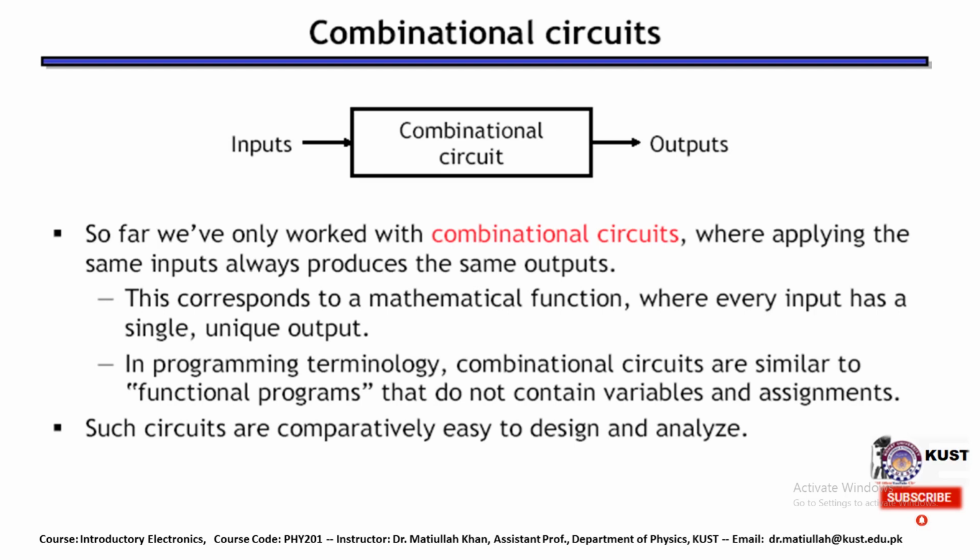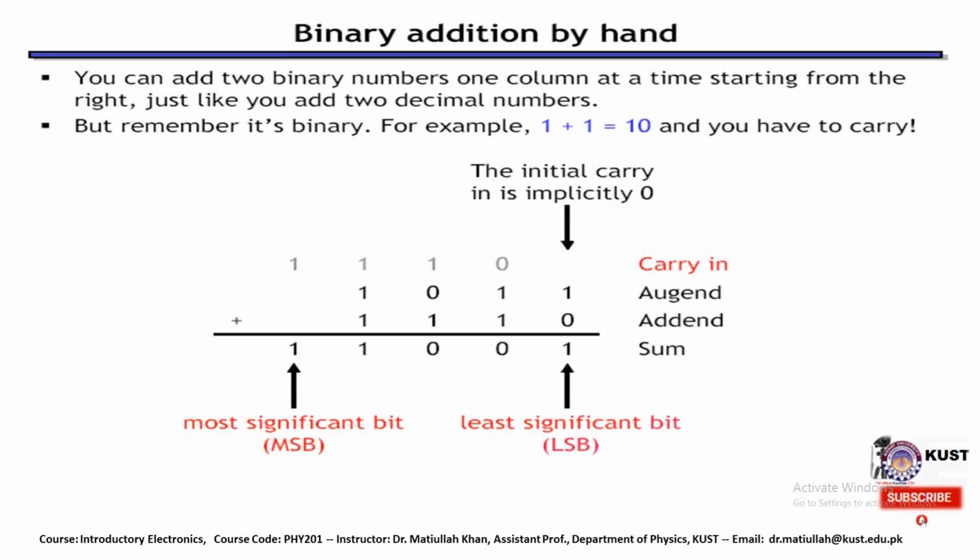In terms of programming terminology, combinational circuits are similar to functional programs that do not contain variables and assignments. So such circuits are comparatively easy to design and analyze.